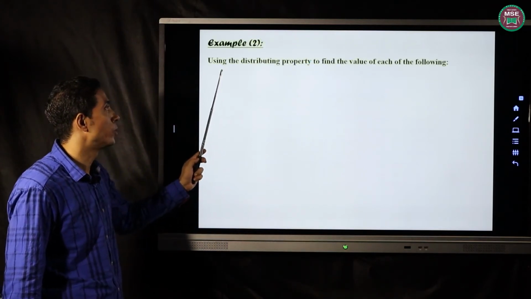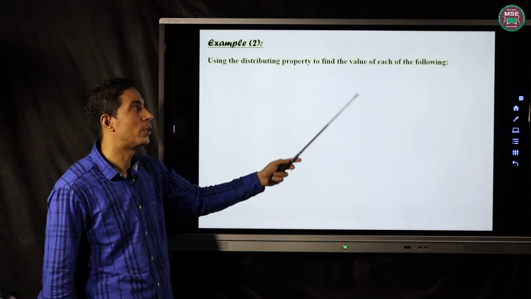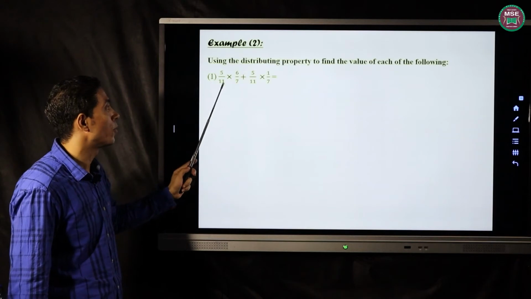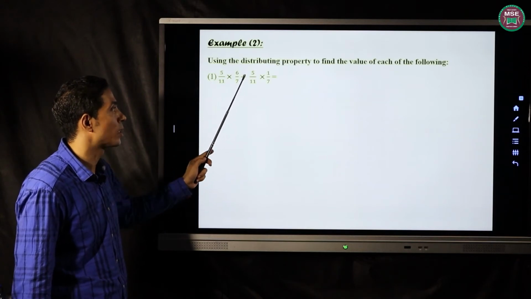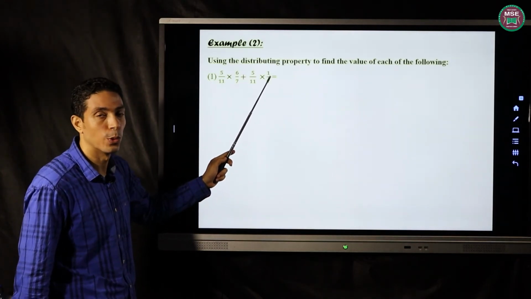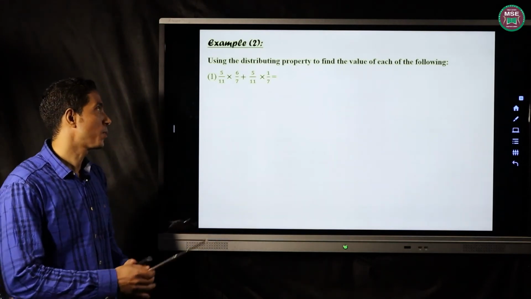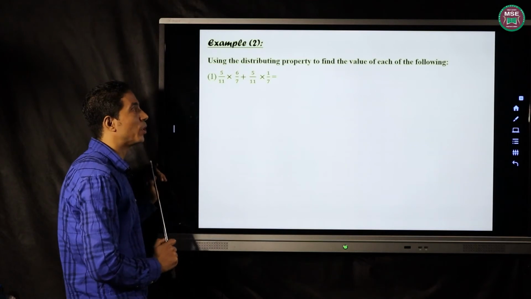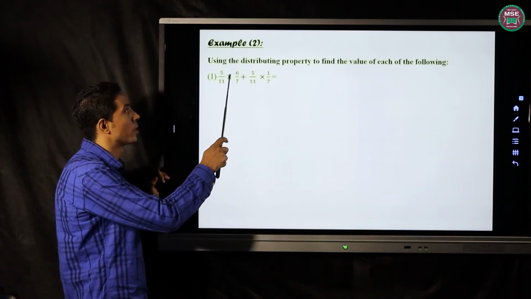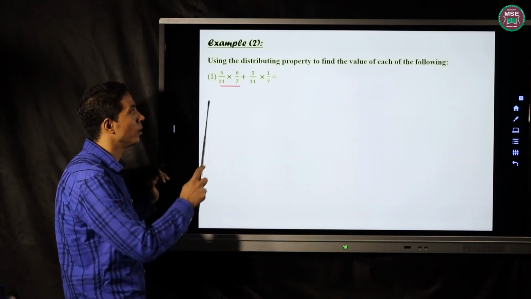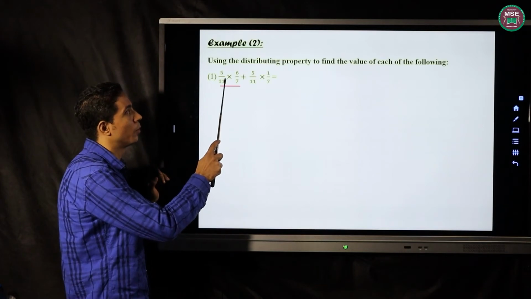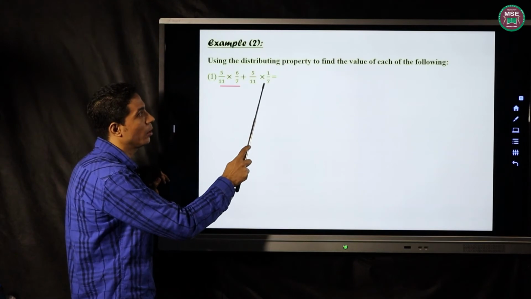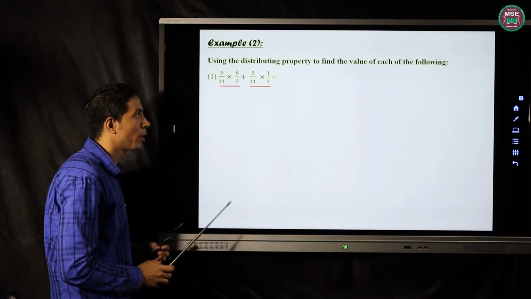Example number 2: use the distributive property to find the value of each of the following. Number 1: 5/11 times 6/7 plus 5/11 times 1/7. To use the distributive property, we draw a line between the two fractions that have a multiplication sign, 5/11 times 6/7 and 5/11 times 1/7.